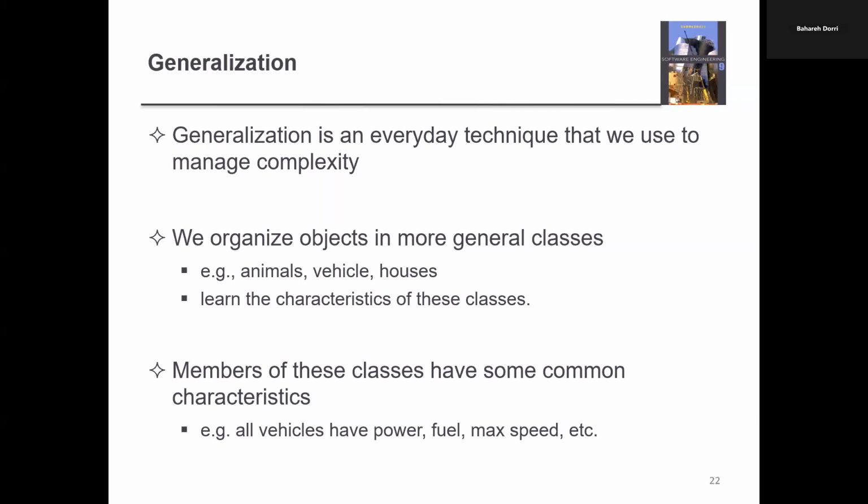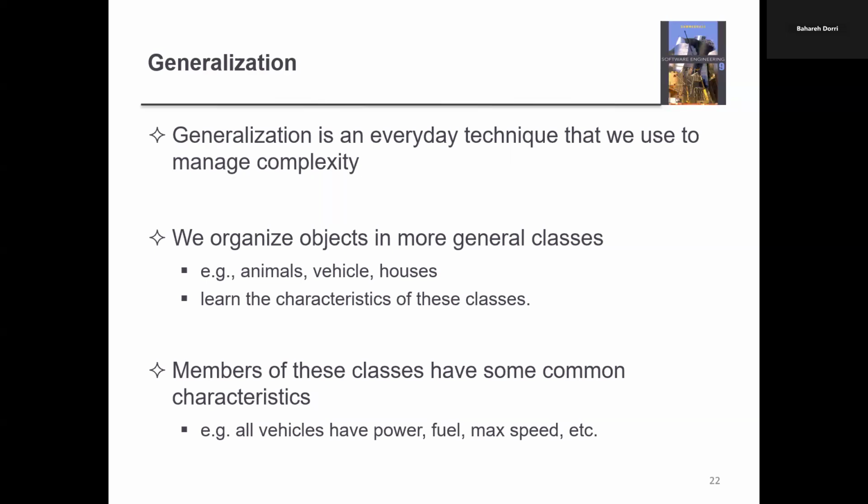Instead of thinking about every individual object on its own, we create more general classes. For example, instead of listing out every specific kind of animal, we have a general class called animal. Same for vehicle, house, and so on. So these general classes help us understand and describe the world more efficiently.